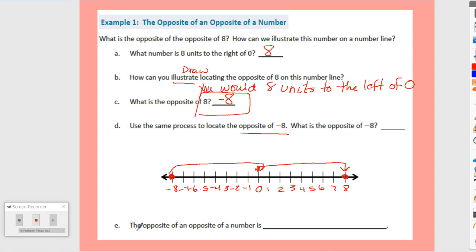So the opposite of a number is important, the original number. The opposite of a number. Crazy, right?